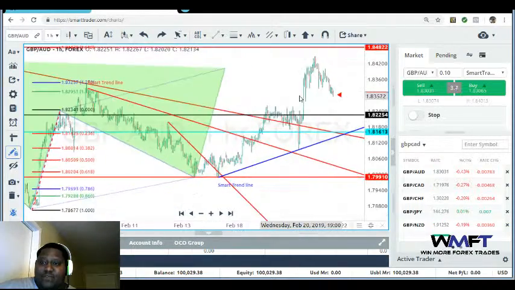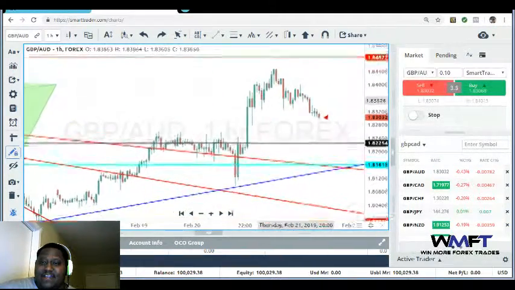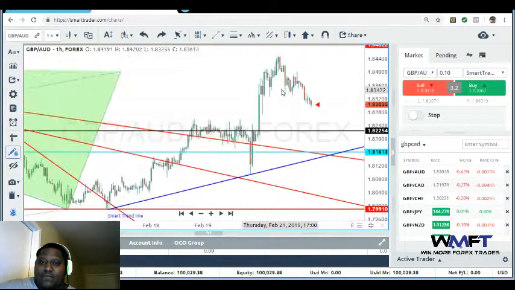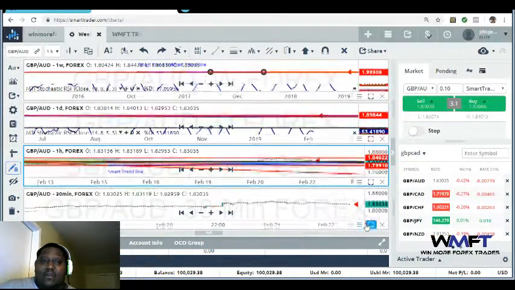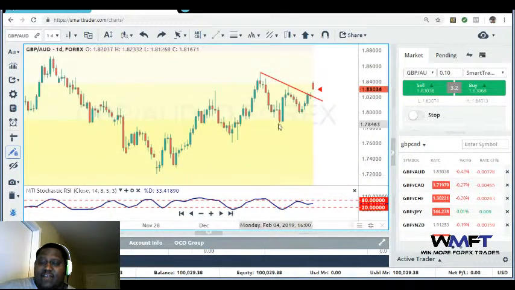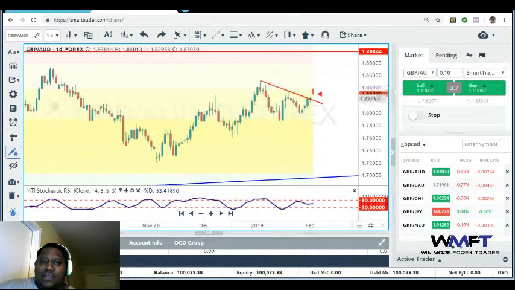Right now the market is at a low price on the 1 hour time frame. So you can look at it from this point on the daily, take that low, go 10 pips below, and target this, because this trade would be more feasible.